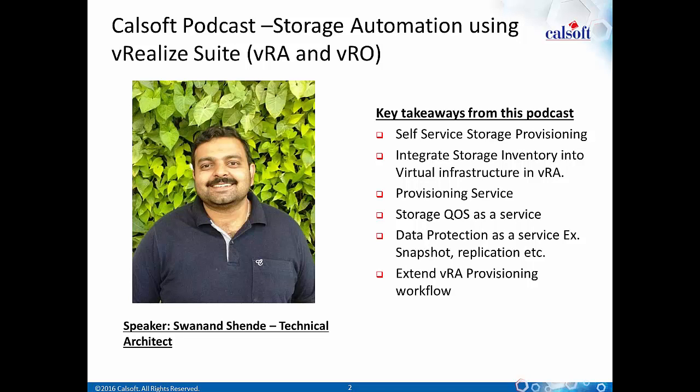My production database probably, or my most important database is going to sit on it. So make sure that it's available. He can set the RPO and RTO times. All of this can easily be controlled by the end user and made available by the storage admin to the end user through vRealize Automation.